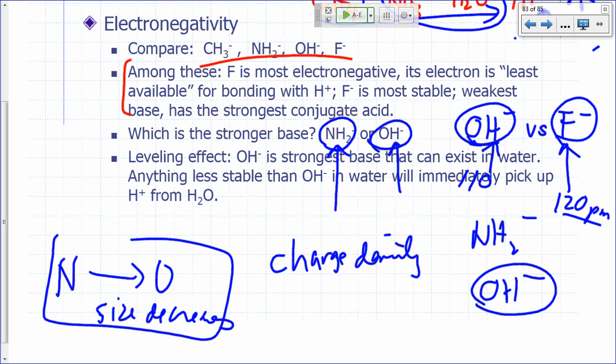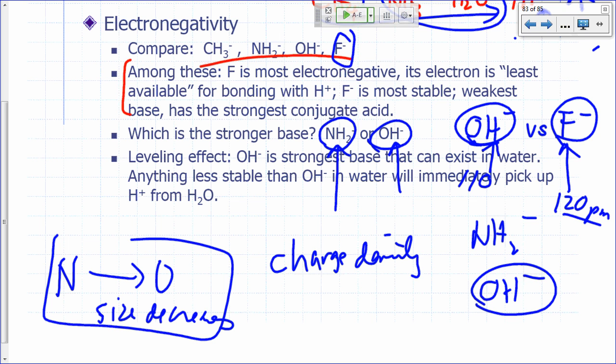So the charge density argument will still work here. This has the highest charge density.